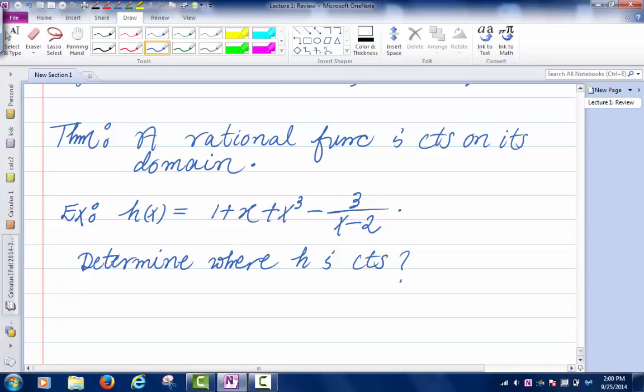Well, I'm going to view this function in two parts. This guy and minus this guy. The first collection of terms is a polynomial, right? And we know that it's continuous everywhere. The other guy, the rational function part there, is continuous everywhere except at 2. So can I then say that both of these, the polynomial and the rational, are continuous everywhere except possibly at 2?